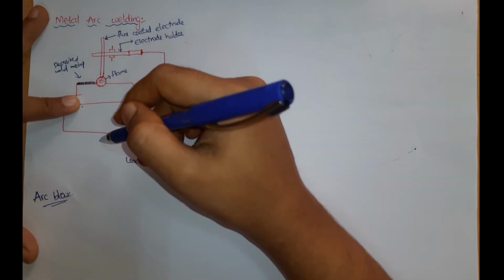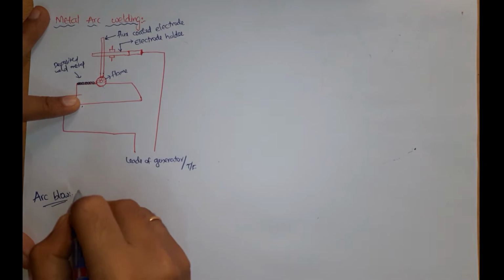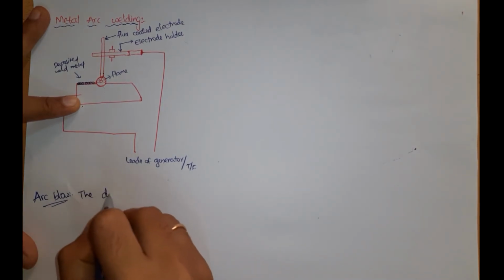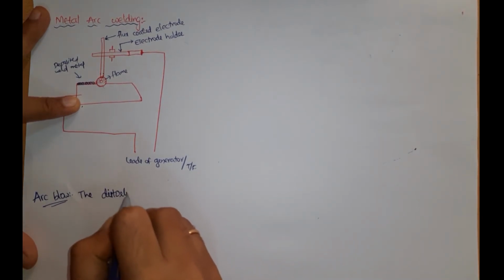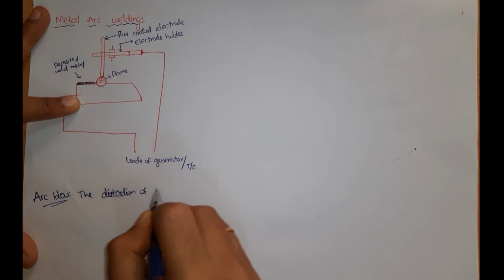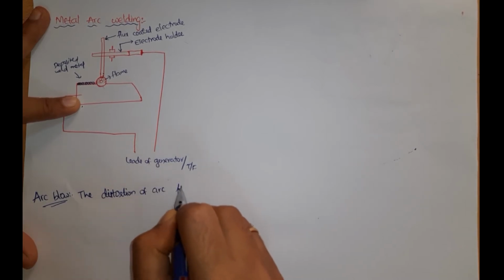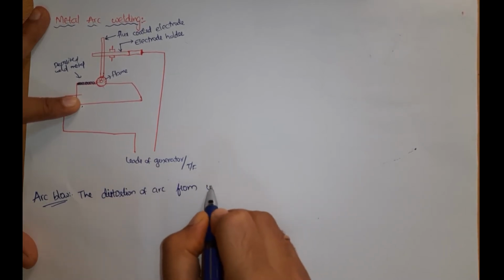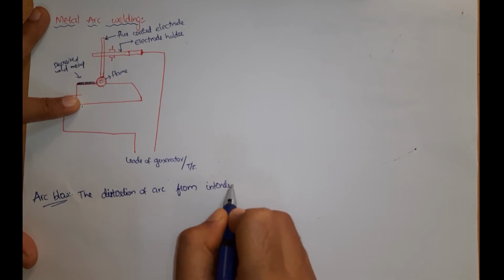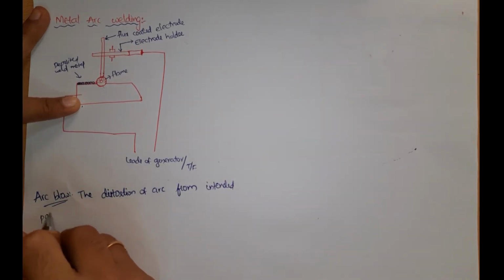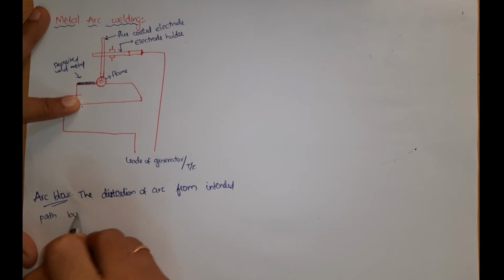So we can define arc blow as the distortion of the arc from the intended path. Why does it happen?